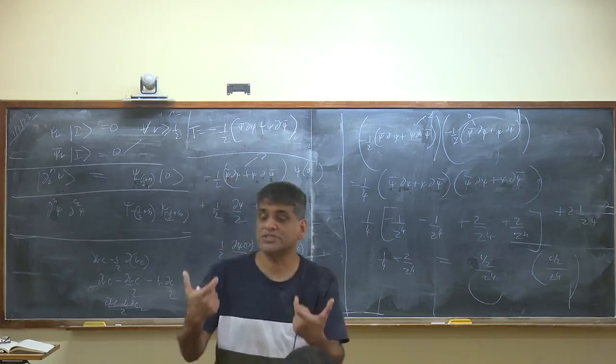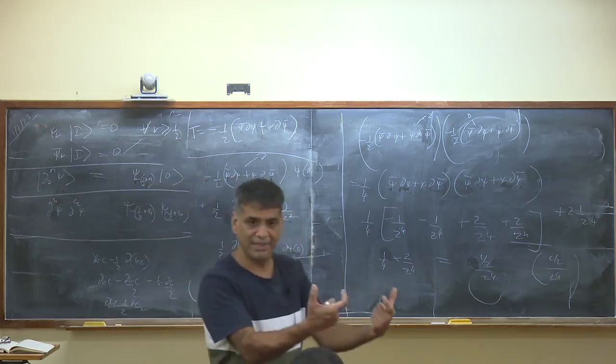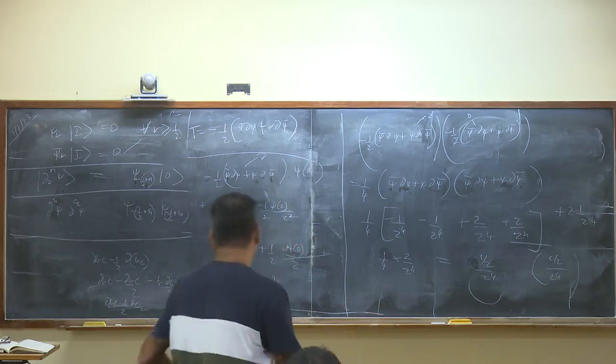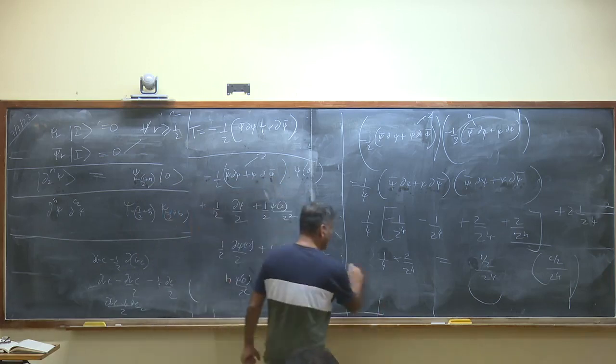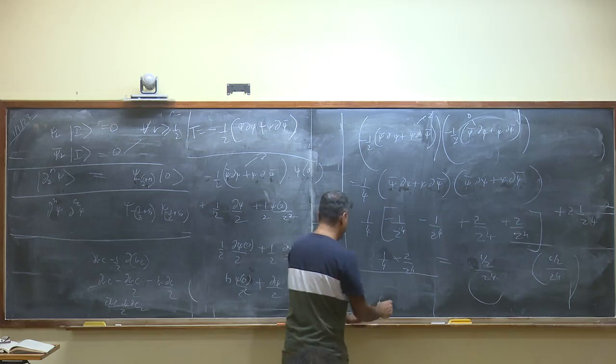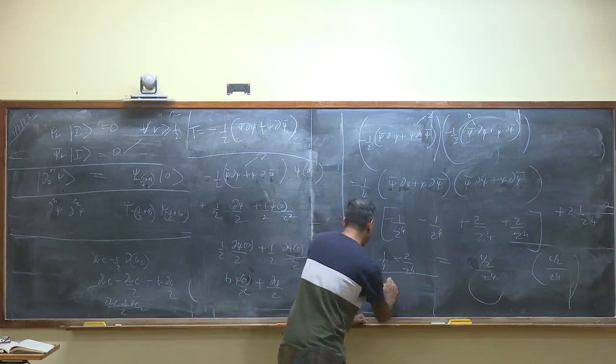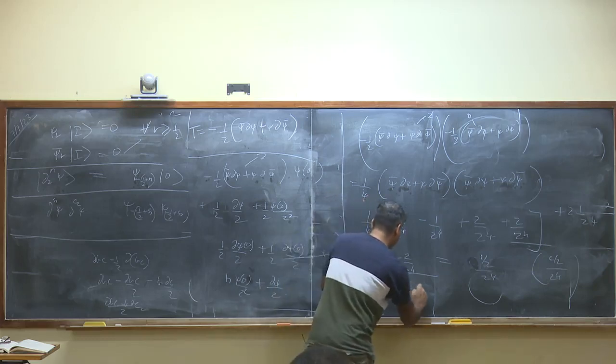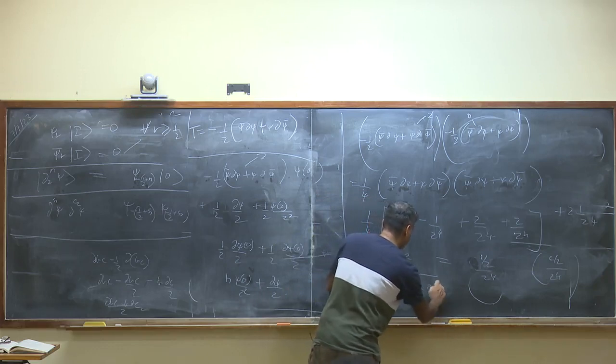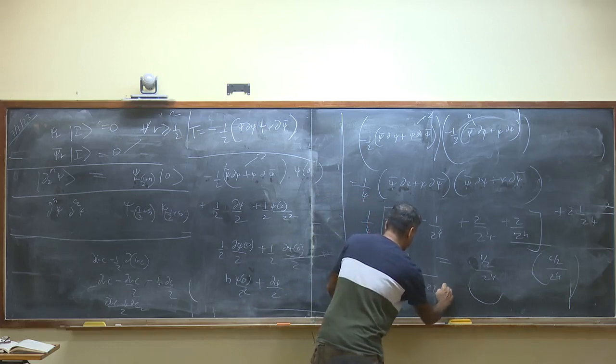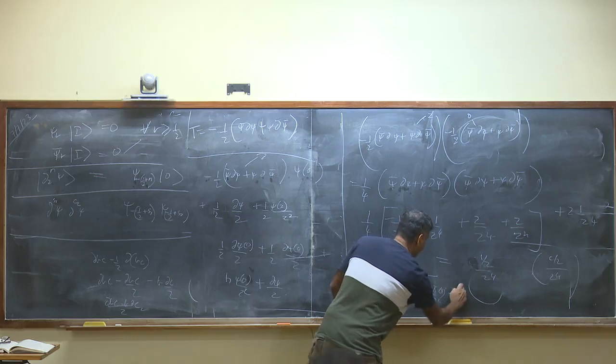You see, when you have two stress tensors that are just decoupled. Okay, suppose you have T1 which obeys T1 of z, T1 of 0 is equal to C1 by z to the 4 plus 2 T1 of 0 by z squared plus del T1 of 0 by z.